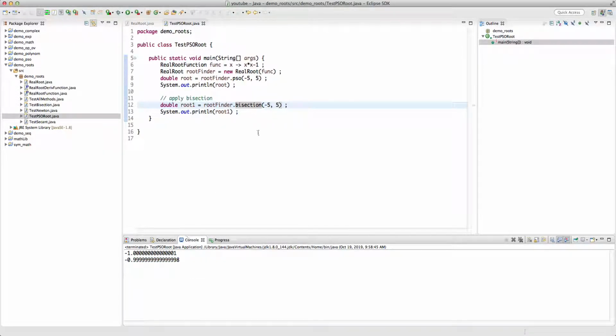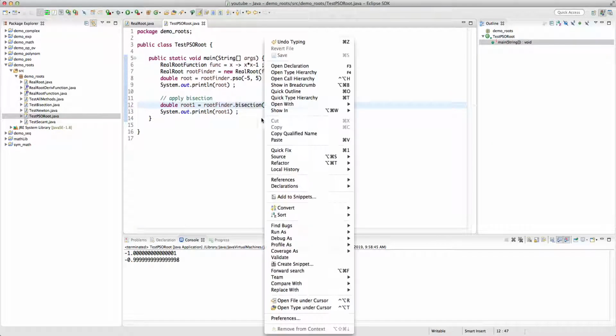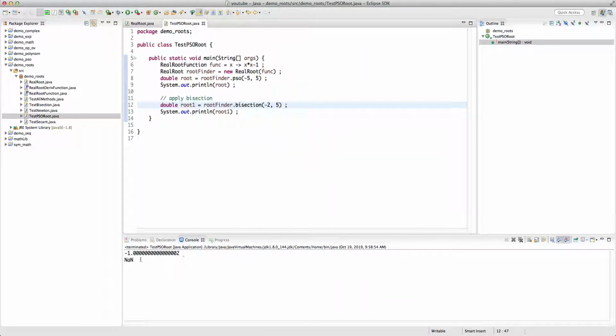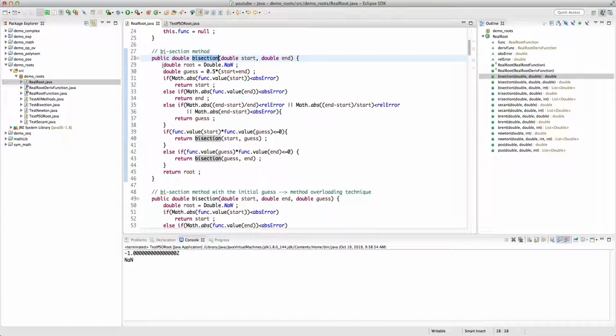The bisection most likely is not able to find the root. Even though this equation has a ±1 root, in this interval it's not able to find it. Now it has to fail, but the way we implemented it, we don't check for the bracket originally, we just divide it in half, in two, and then search each interval.